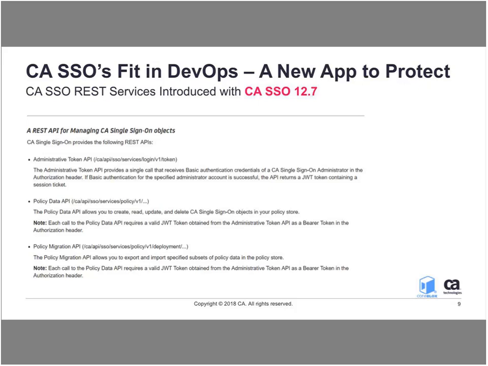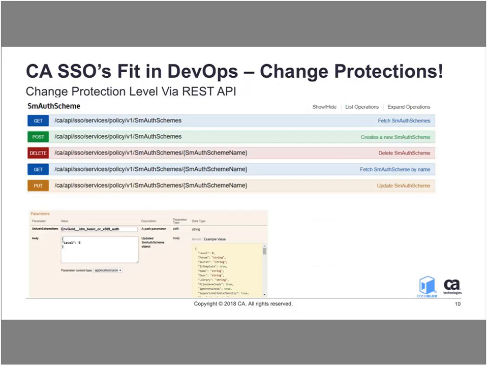And so with 12.7, we introduced a REST interface for creating, updating, or deleting objects in the policy store. And objects are simply the technical components for the SSO product to provide authentication authorization services to resources it protects. So again, the title of this slide is A New App to Protect, and the REST interface is useful and valuable in helping you achieve that end result.